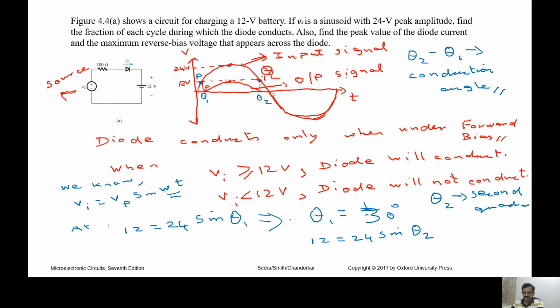This is at point P, and this is at point Q.